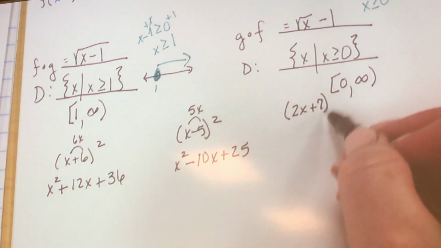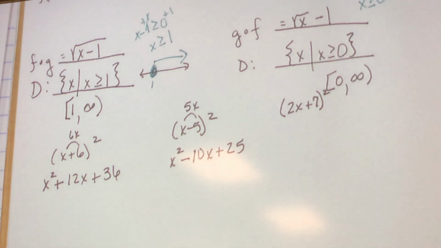All right, last one. 2x plus 7, quantity squared.